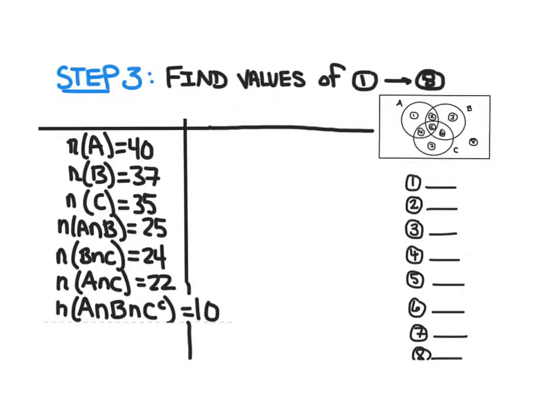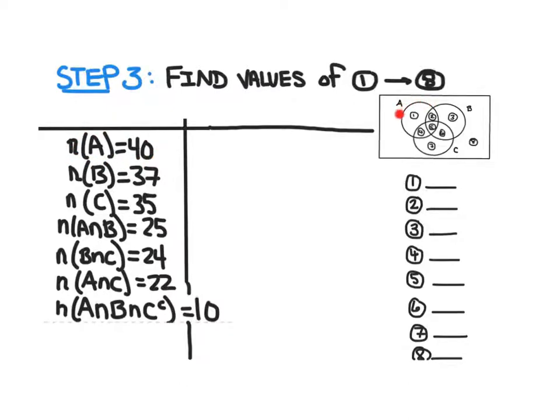So how can we find the values of 1 through 8? Well, what I've done here is I've redrawn the Venn diagram from the previous slide, and I've also rewritten the conditions given to us in the problem. What I'm going to do in the second column of the chart here is translate each of these conditions to be a condition that involves the numbers 1, 2, all the way through 8. So for example, this means that the number of elements in A is 40.